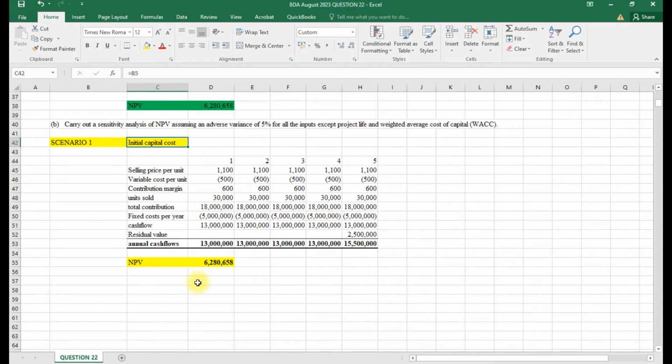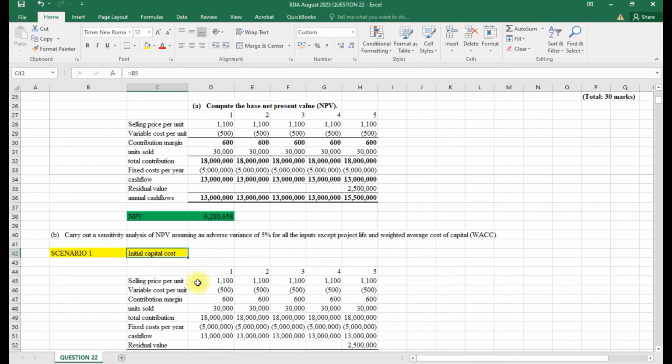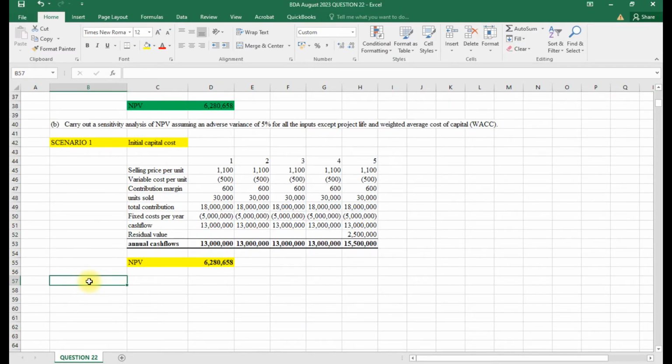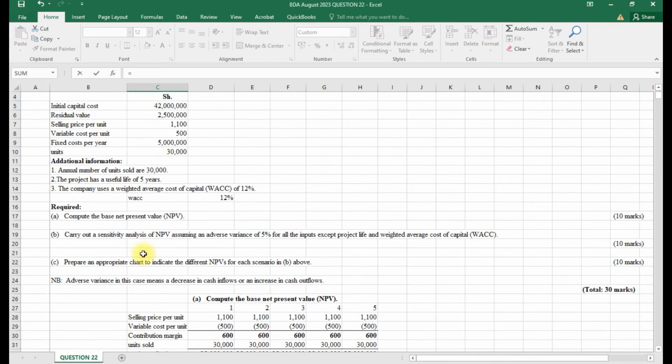We go to scenario 2, and for scenario 2, the second variable that we need to change is the residue value, this one.